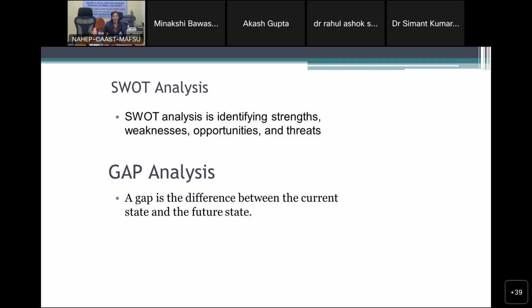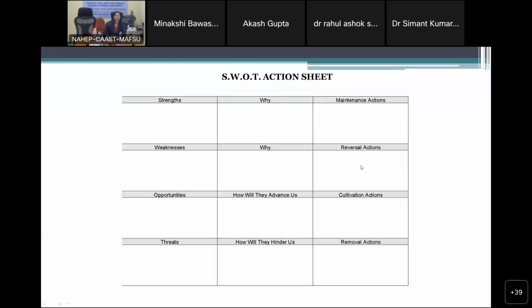What is to be done to bridge this gap? I have to study more, do some additional courses, go overseas for studies. If I want to start my business, maybe I want to learn some aspects of management also. So what is that gap, and how do you bridge it? That is gap analysis.